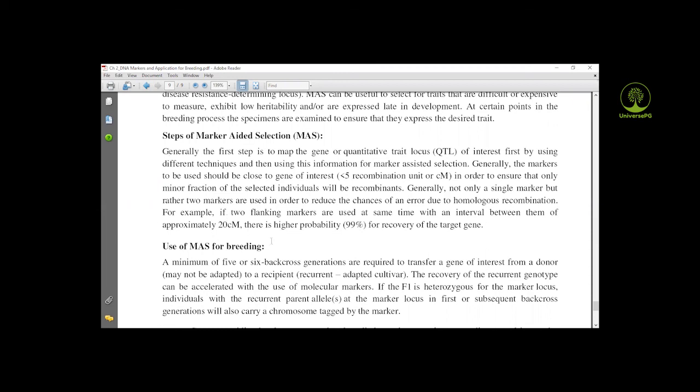For example, if two flanking markers are used at the same time with an interval between them of approximately 20 centimorgans, there is a higher probability, 90%, of recovery of the target gene. When we use this process, we cannot ensure 100% gene recovery.